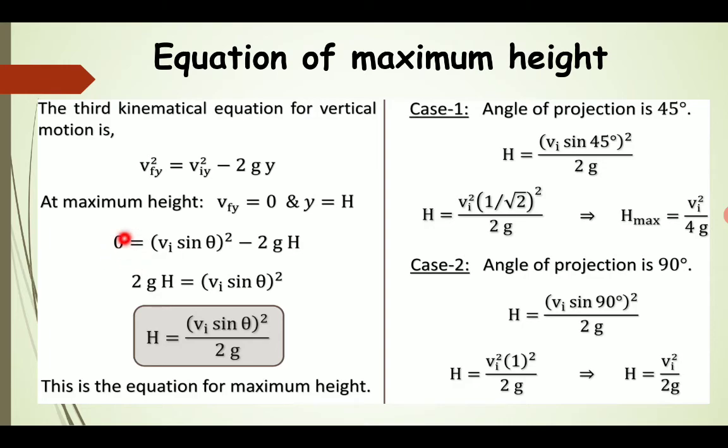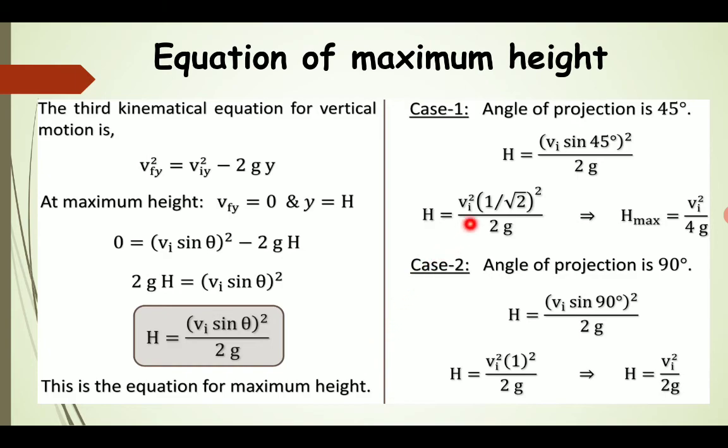The final velocity is 0, and the initial velocity is v_i sin theta, the vertical component of the velocity. Substituting the values and arranging the terms, we get that the maximum height is equal to (v_i sin theta) squared upon 2g. So this is the required equation of maximum height.